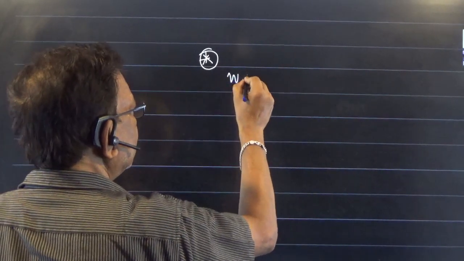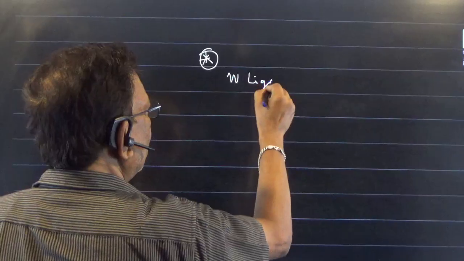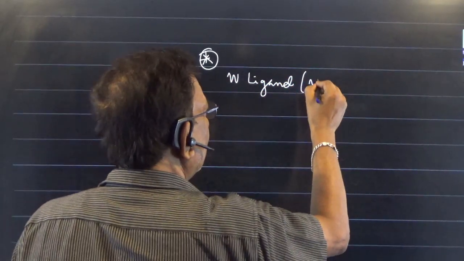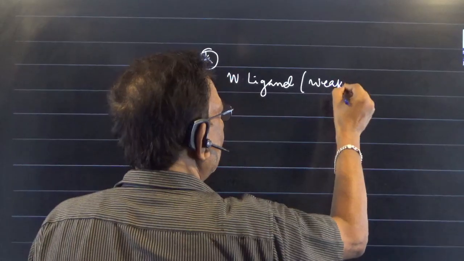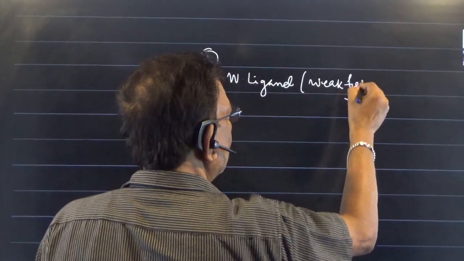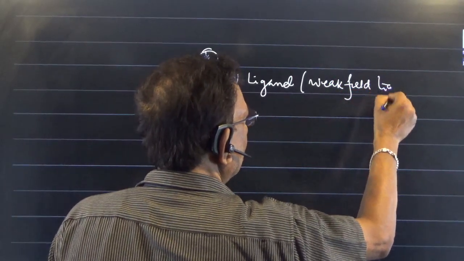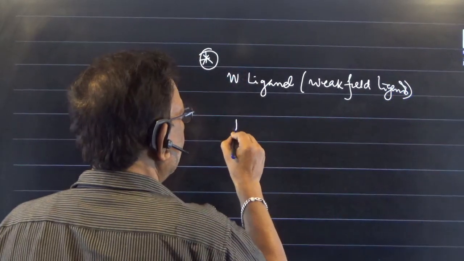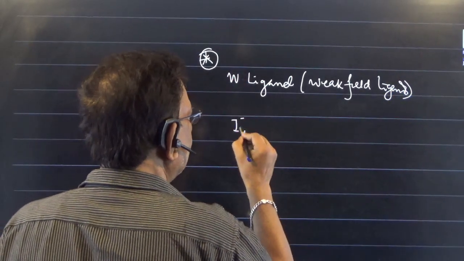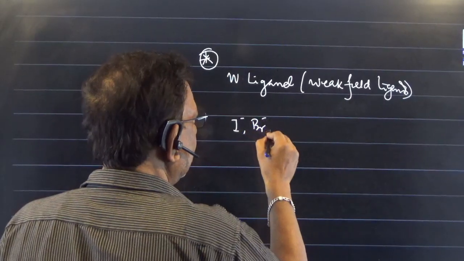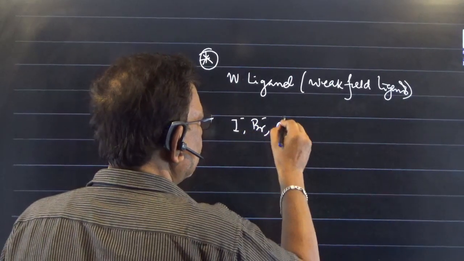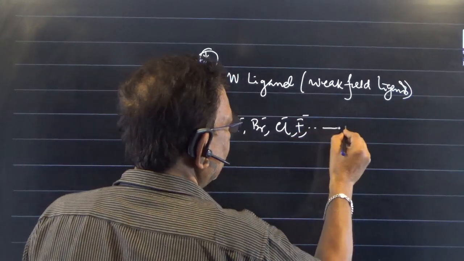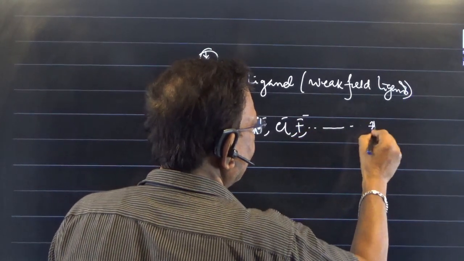Write a star point. Weak ligands or weak field ligands: I minus, Br minus, Cl minus, F minus, till water.